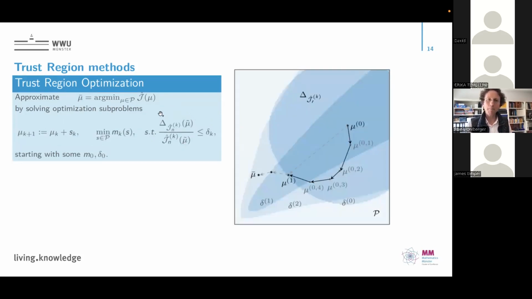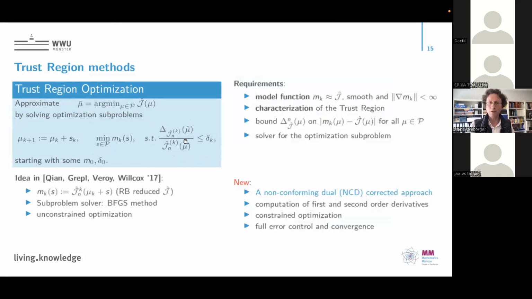Now we measure the quality by the relative error of the reduced model. This can be computed by an error estimate for the reduced objective functional divided by the objective functional itself. So this is the relative error of the objective functional, and as long as it is within a bound, we can trust our method.